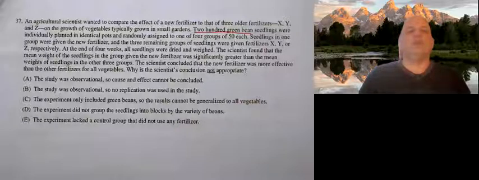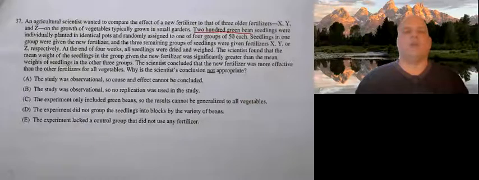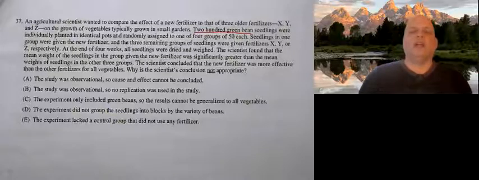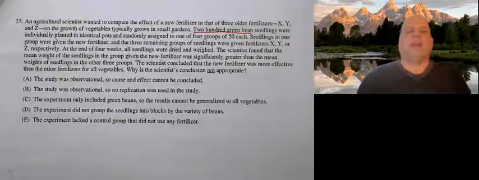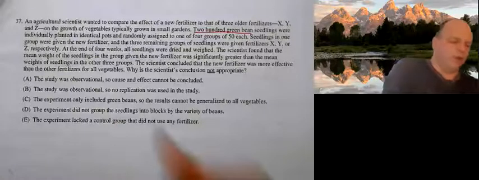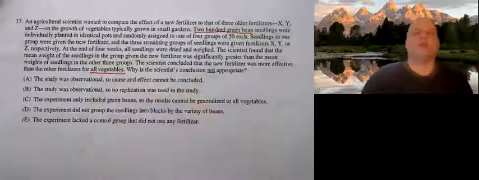Seedlings in one group were given the new fertilizer, and the three remaining groups of seedlings were given X, Y, or Z, respectively. At the end of 4 weeks, all seedlings were dried and weighed. The scientists found that the mean weight of the seedlings in the group given the new fertilizer was significantly greater than the mean weights of the seedlings in the other three groups. The scientists concluded that the new fertilizer was more effective than the other fertilizers for all vegetables.